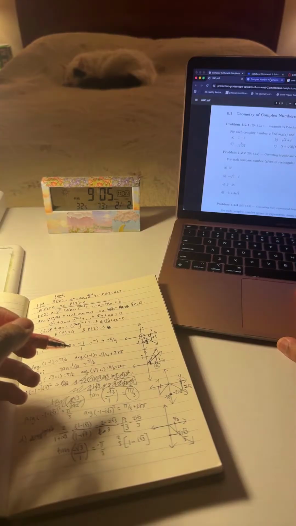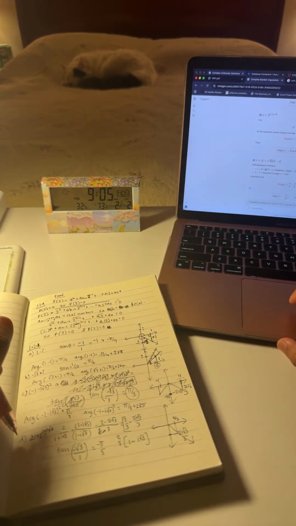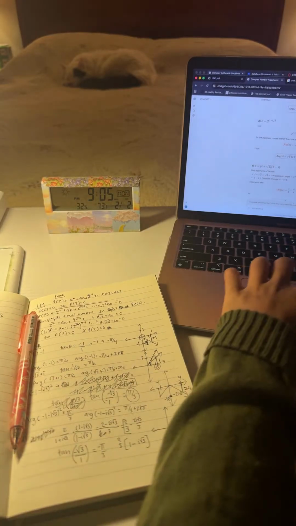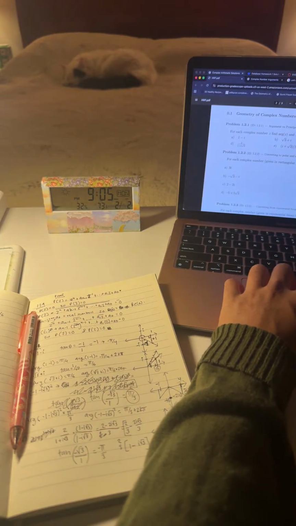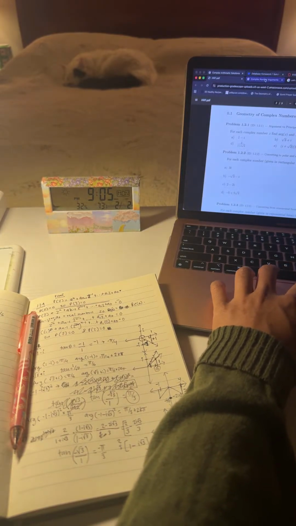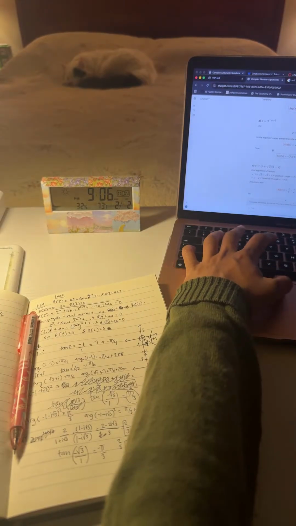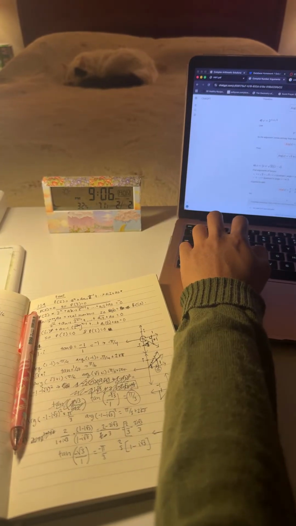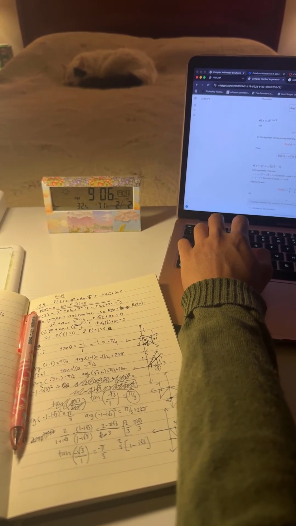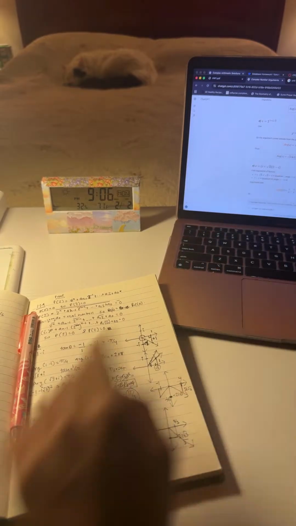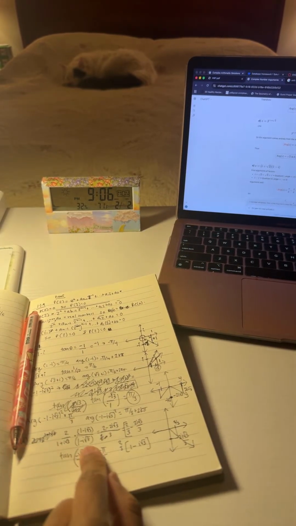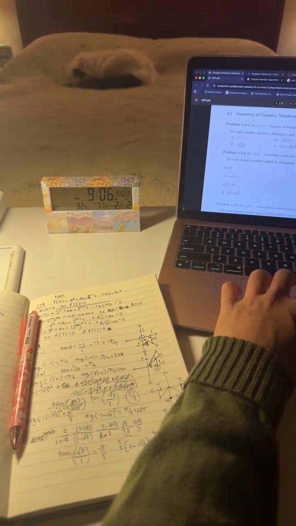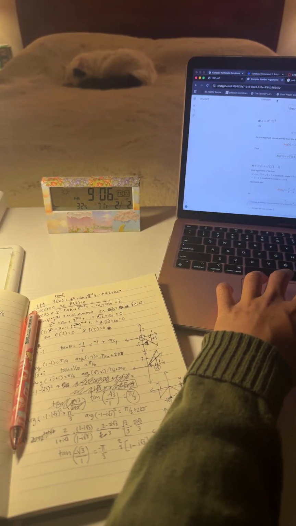So if we double check our answers, this is part D, right? I got that completely wrong. Wait, no, I inserted the question wrong, so it gave the wrong answer. Let's see. For part D, it was actually 2 over 1 plus I root 3.